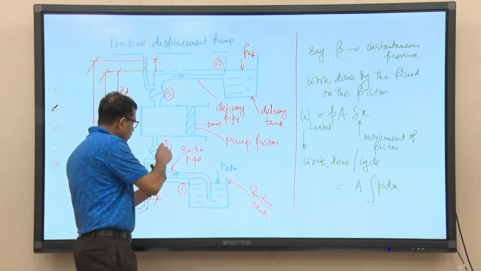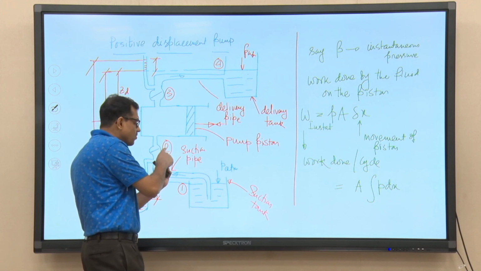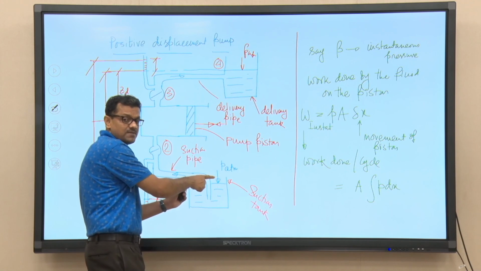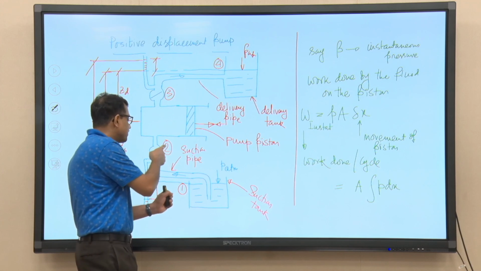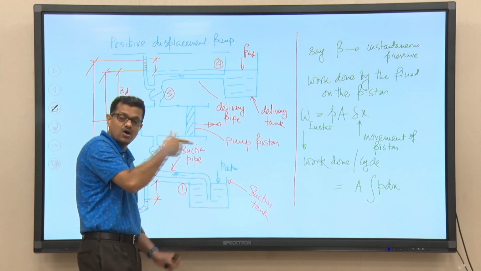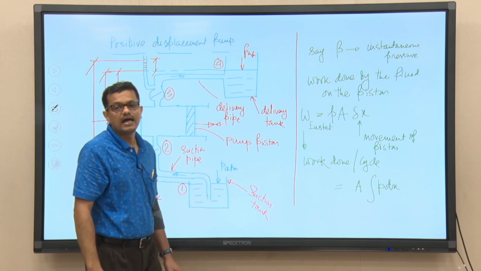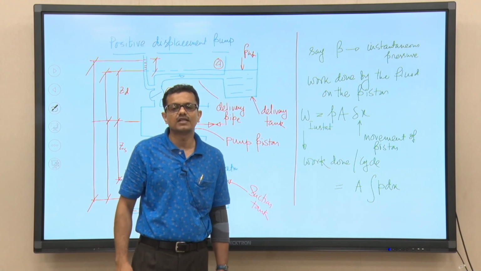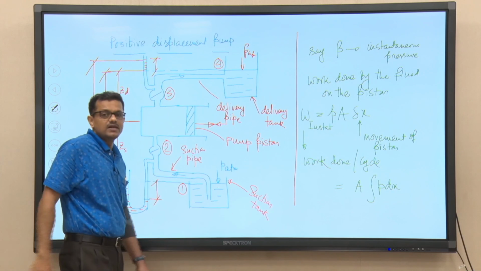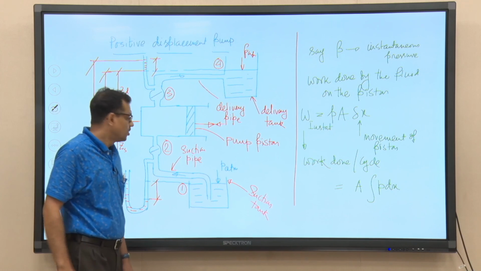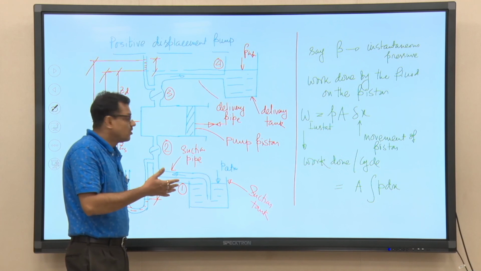So, definitely pressure at point 2 must be less than atmospheric pressure, but we should be careful while designing the pumping system that the pressure at point 2 should not go below the vapor pressure at that corresponding temperature, the temperature of the fluid or of the ambient in which the pump is installed.